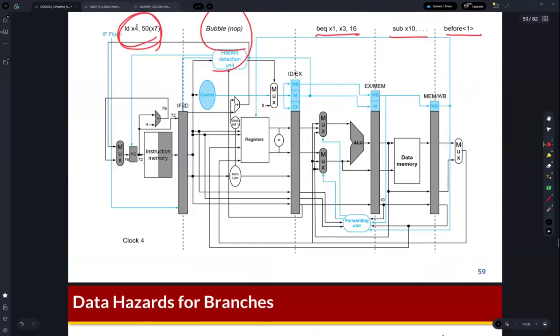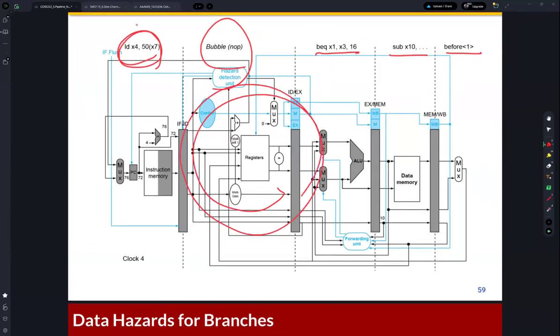But in this architecture, BQ receives RS1 and RS2 from the register file only. What's the problem?